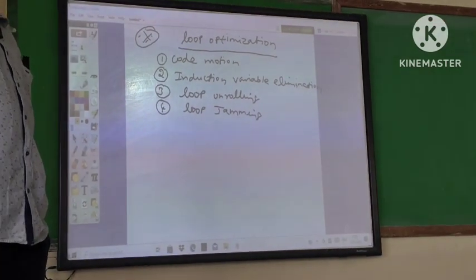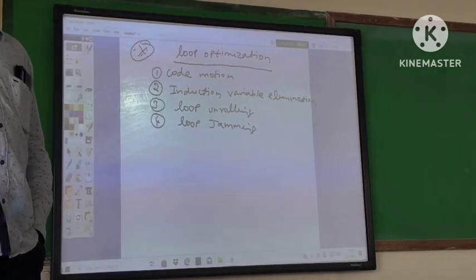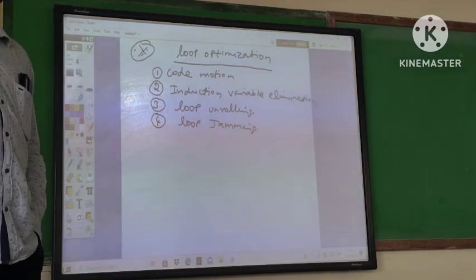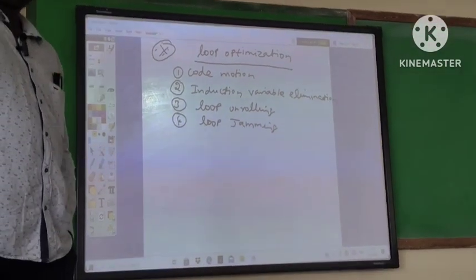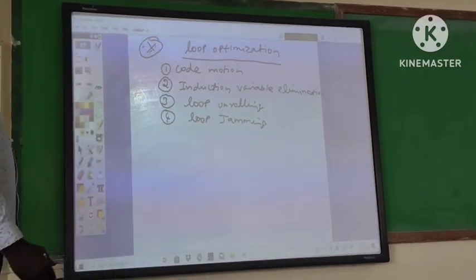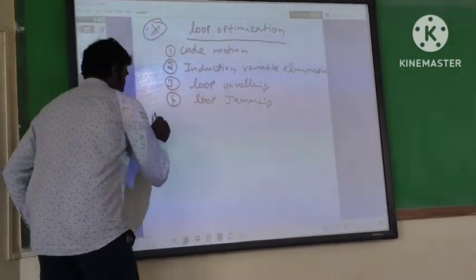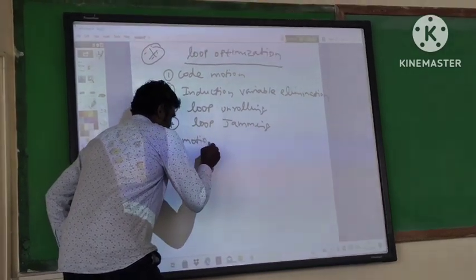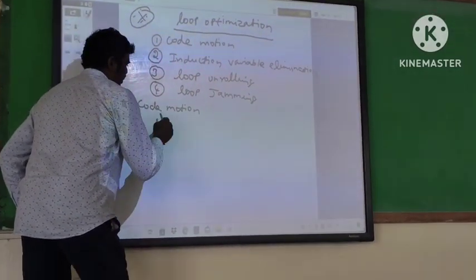Code motion and induction variable elimination we have already learned, but people who have not attended, once again go through it. So what is code motion? I will start from the definition and then highlight the examples pertaining to that.